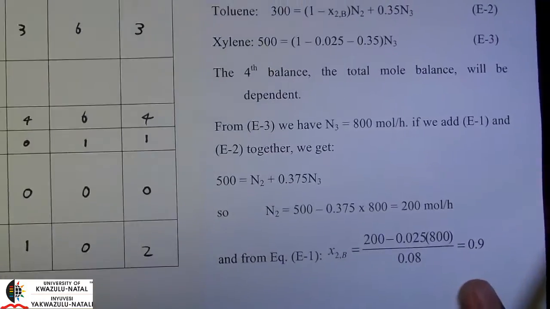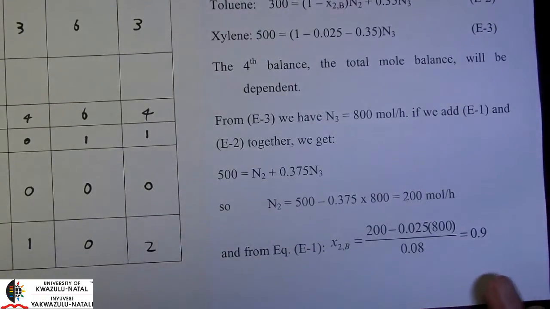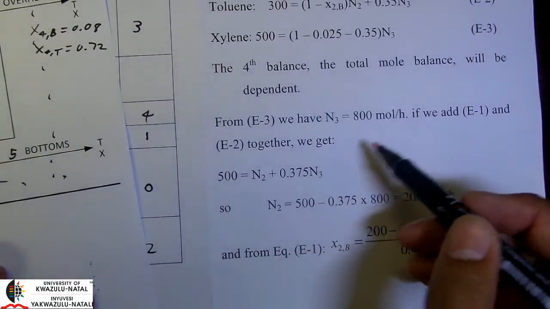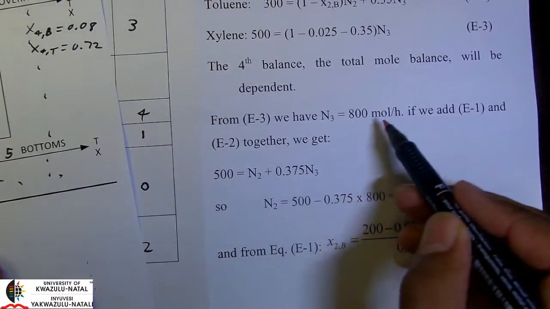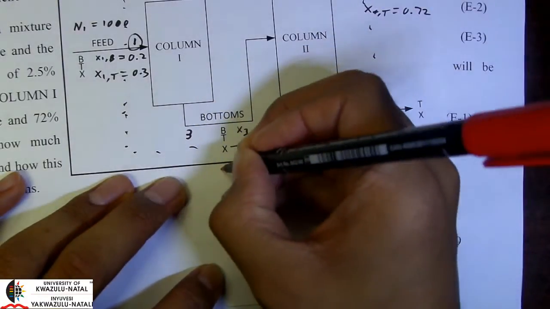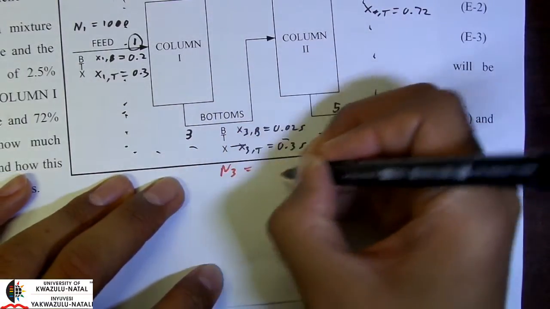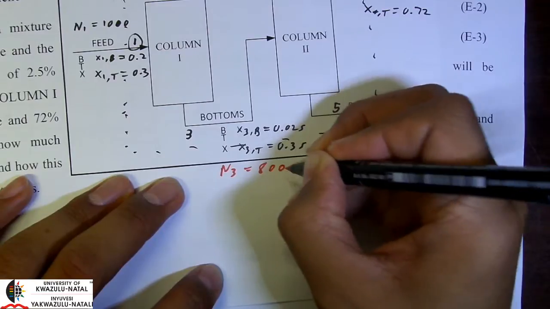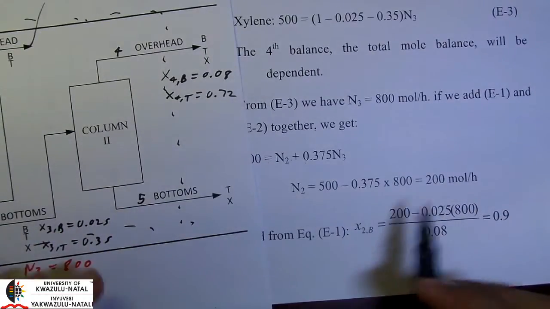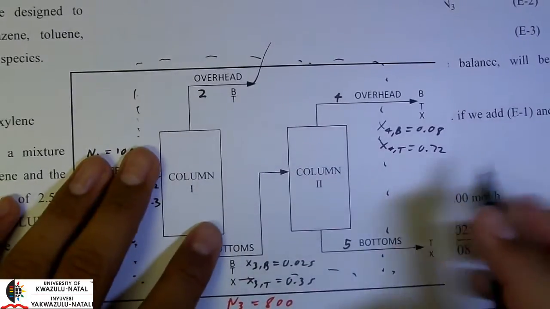So let's look at what we have actually solved here. We have obtained N3 to be 800 moles per hour. So we can write it down here. N3 is now 800. We've also solved for N2 to be 200.